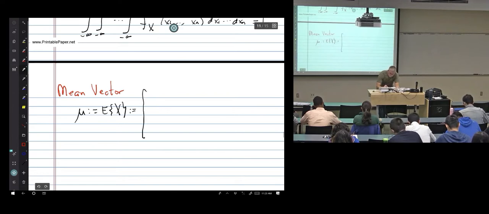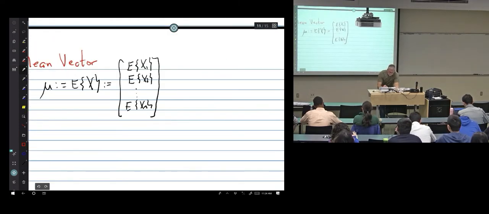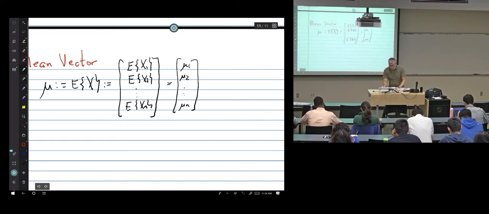And it is just the expected value of the first component and the expected value of the second component, etc. So that's all, in principle, super straightforward. I guess I do that just to give you time to write. Okay. And so this is mu1, this is mu2, dot, dot, dot, mu n.